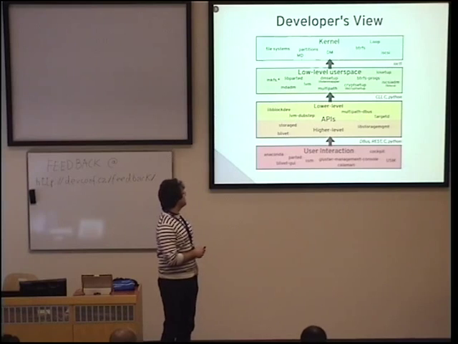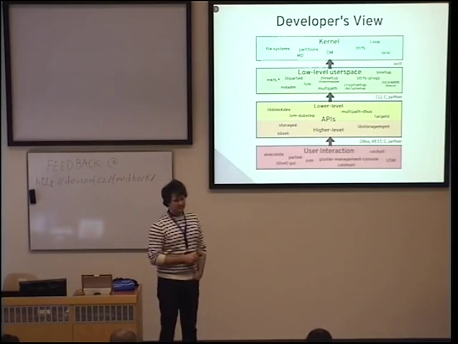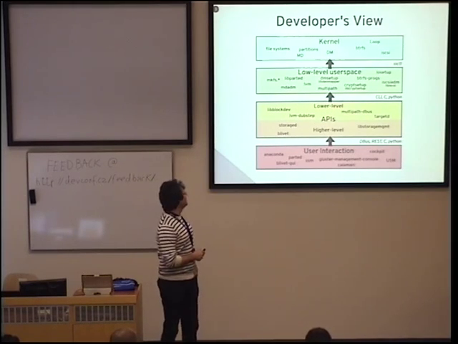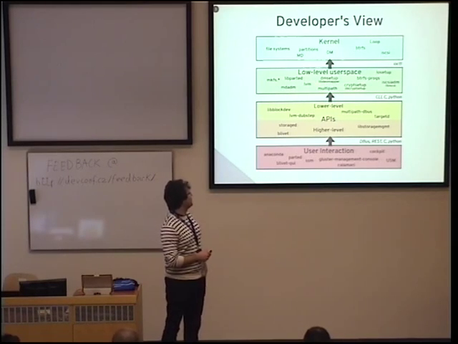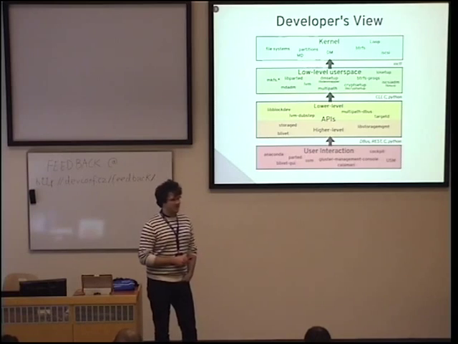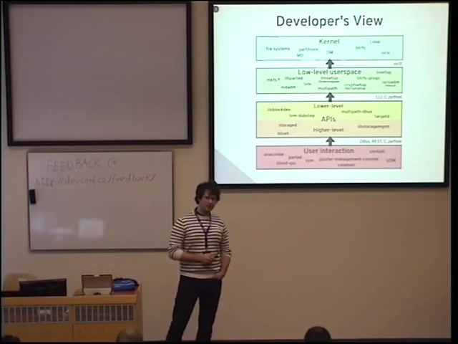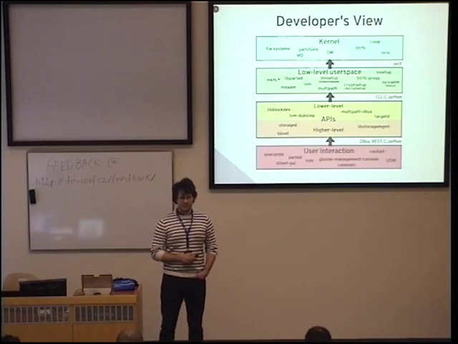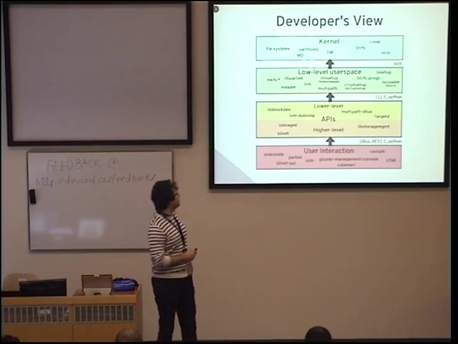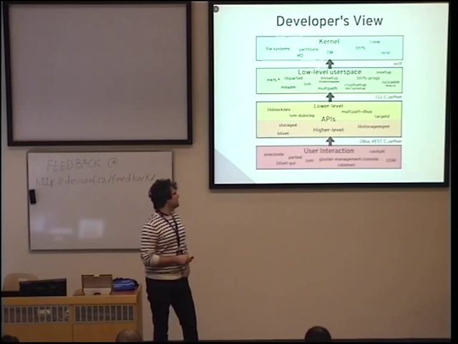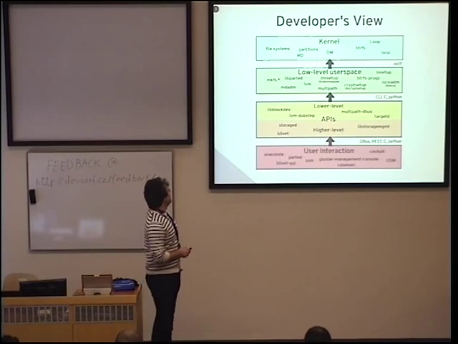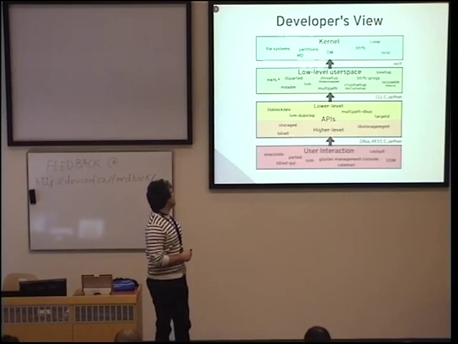So then there is what I call the APIs layer, which is a little bit higher than the low-level user space, and it provides you with some nicer API that is usually smaller. You lose some functionality. You cannot control everything like you can in the low-level user space layer, but it's usually much easier and nicer to use. And in this layer we have libblockdev. I will get to that later.